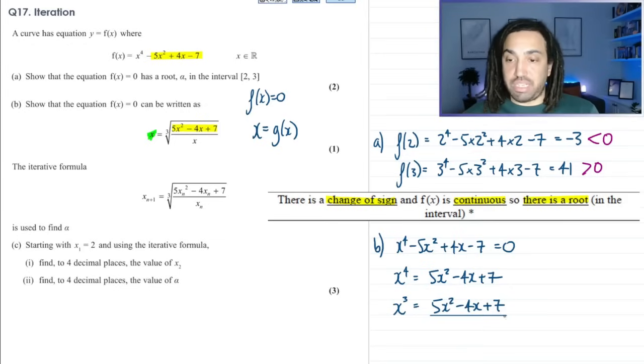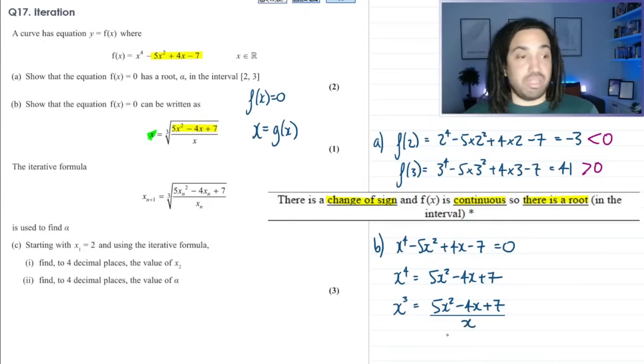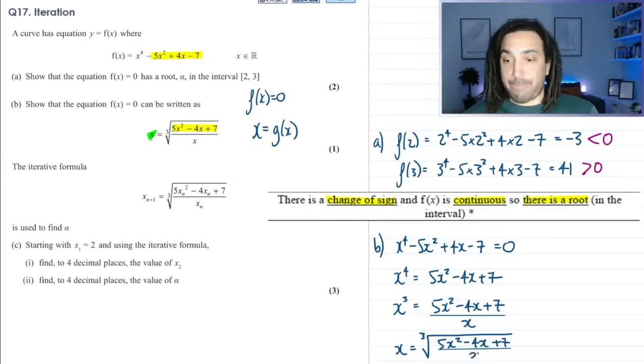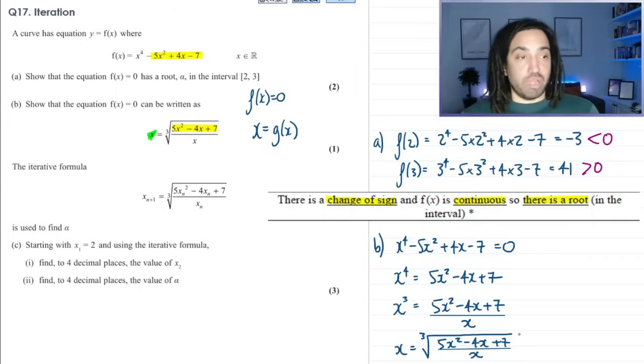We're going to divide by x, and then the final step. This is a show that, so I'm not going to try and skip steps here. I'm going to write it out in full. So the final step is to cube root this: 5x squared minus 4x plus 7 all over x. Okay, as required. Perfect.